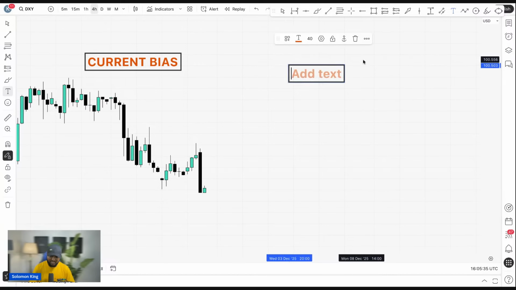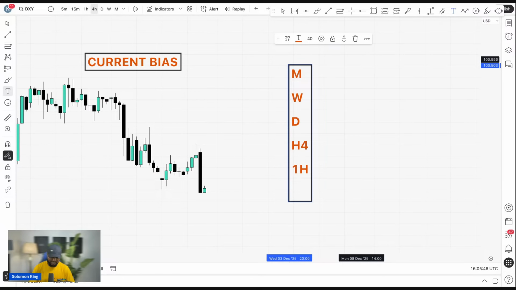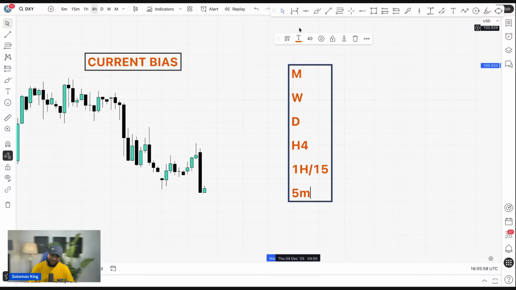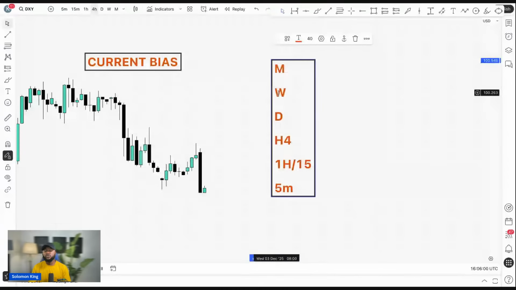You have the monthly time frame, the weekly and the daily time frame, the 4 hour time frame, the 1 hour time frame, and the 15 minute. We can use the 1 hour slash the 15 minute; these guys are almost like twins. And then finally, the 5 minute time frame, for those of you who love to take trades on the 5 minute time frame.